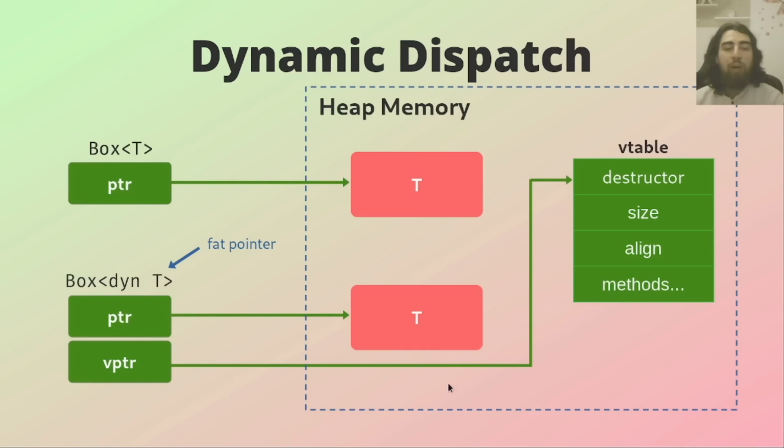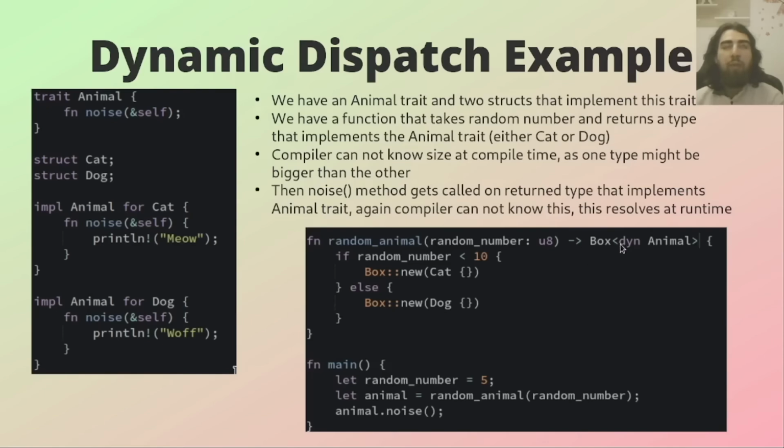So again, the compiler will then look up in this vtable over here using the vpointer, which points to the vtable stored in heap memory. And then it will check for the concrete type that got allocated on heap memory, the specific methods. So for example, again, this is happening at runtime.